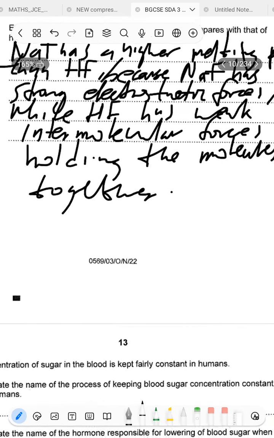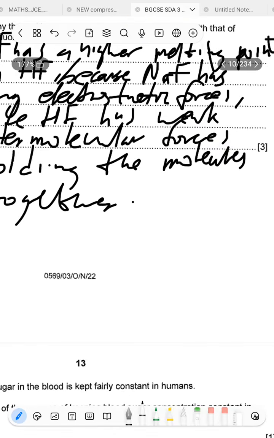Now let's explain this before we part ways. Remember that sodium fluoride is an ionic compound. This guy, NaF, is an ionic compound.